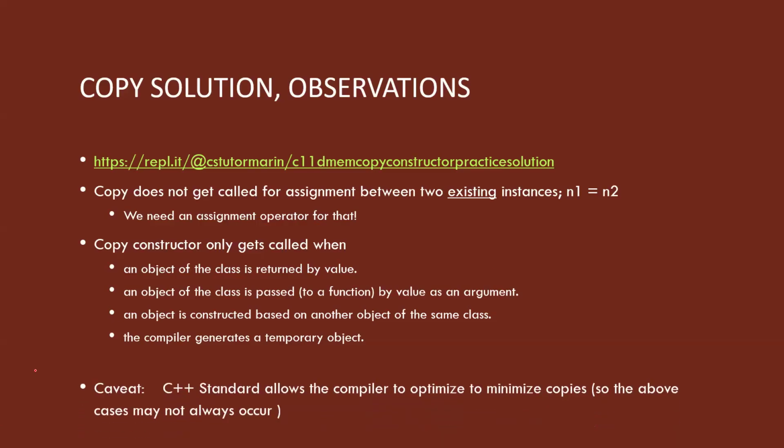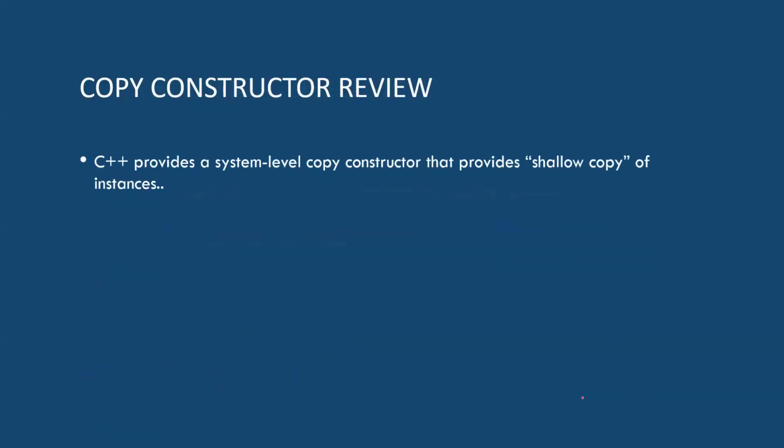Now, a lot of compilers will try to optimize things for us. So sometimes where we might think a copy is going to occur, it doesn't, because the compiler finds a way to borrow some existing memory and avoid the copy. We won't get into those special cases too much.